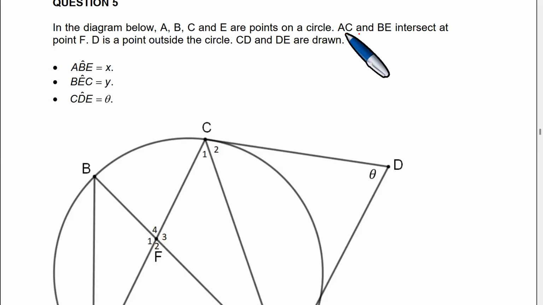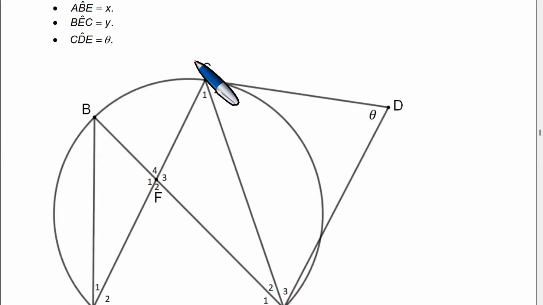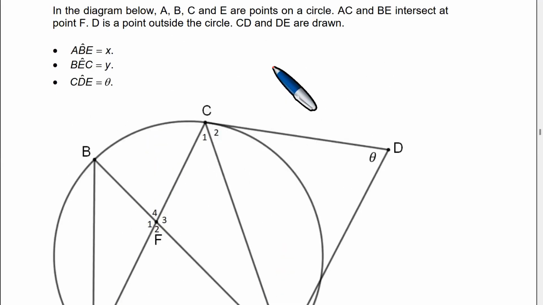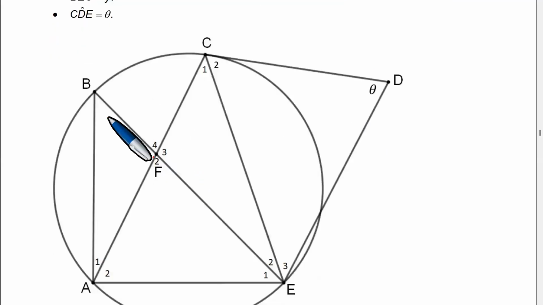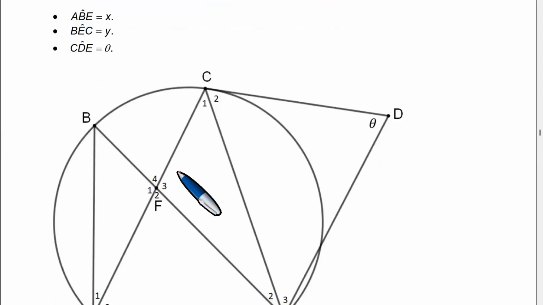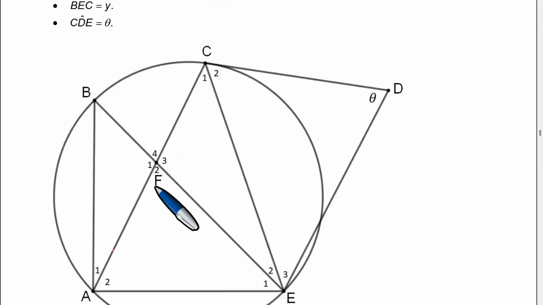So we have AC and BE intersect at F. This immediately tells us that these are chords. They tell us that these are straight lines, and therefore we can view them as chords and use the theorems for chords.